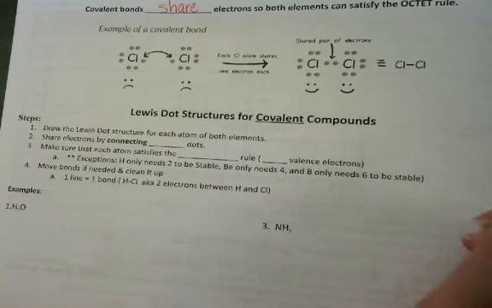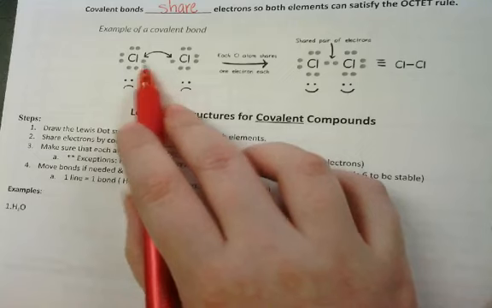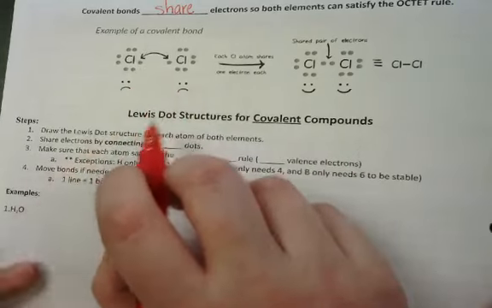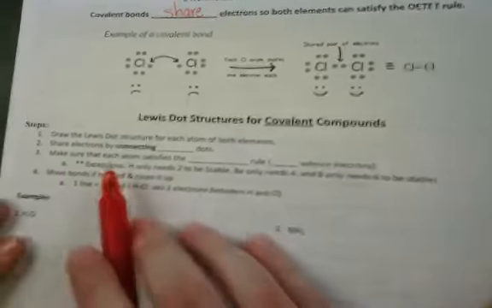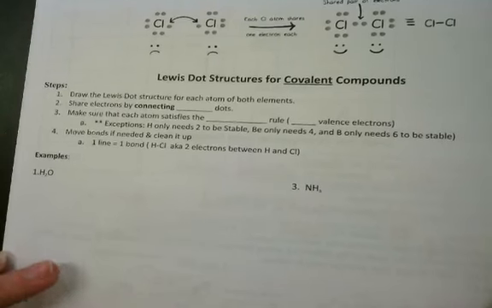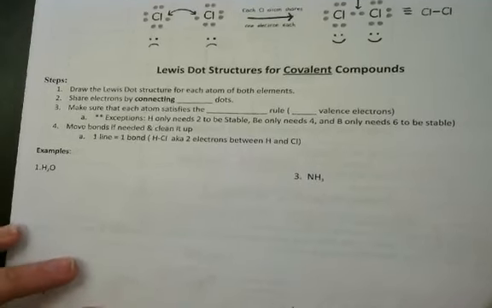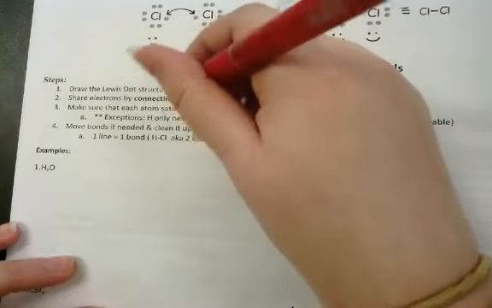So instead of drawing arrows to give away dots and fill in empty spaces, we're going to connect our lonely dots with a line to show that they're going to share. So we're still going to start off the same by drawing the Lewis dot structure for each atom of both of our elements. And then we're going to share the electrons by connecting lonely dots.